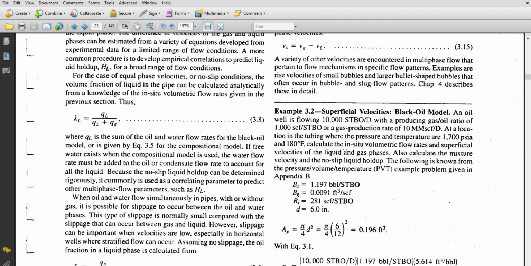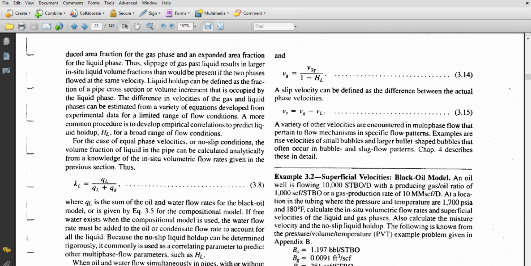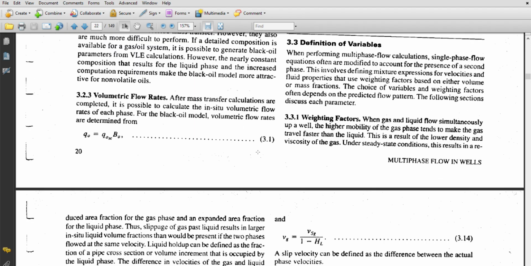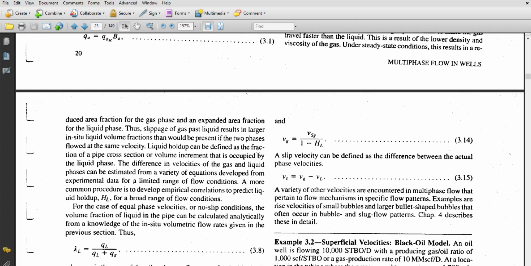In this multiphase flowing part, we have liquid and gas. Okay, so let's define the parameters. The most important thing is the liquid holdup, which has the notation HL here.